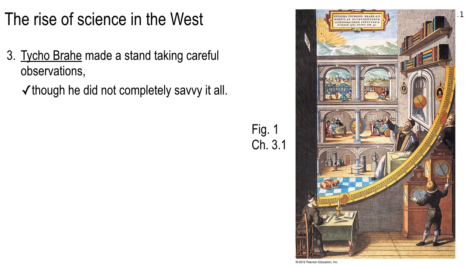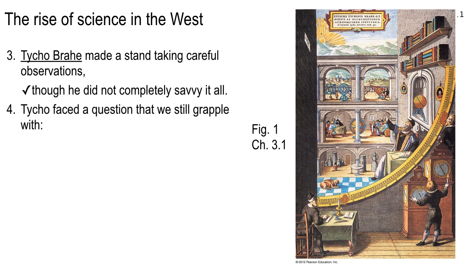But Tycho Brahe was trying. And he was also not the most mathematical guy. I mean, he was good for making measurements and observations and keeping records, but like a lot of people, that wasn't his strong suit.